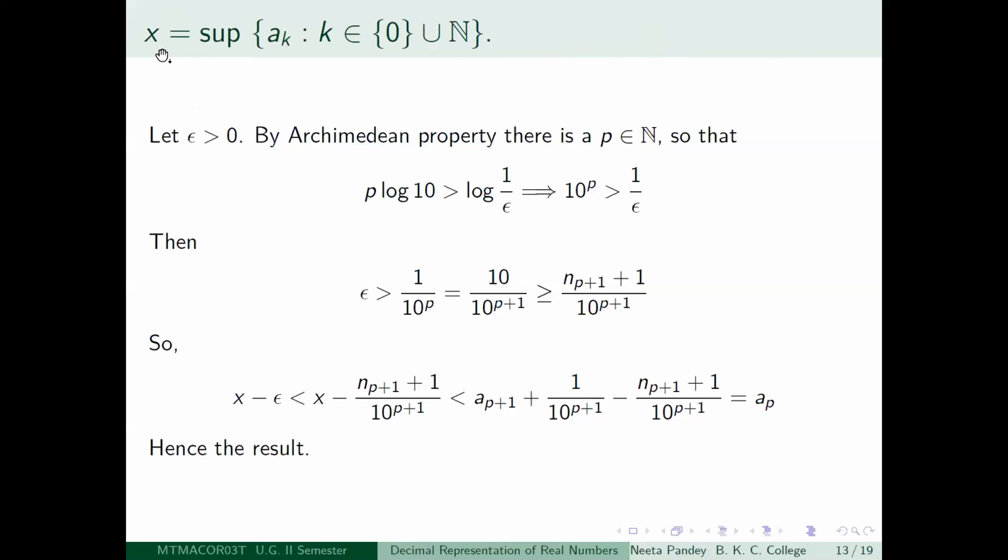That is, you want to find x corresponding to that point. So you choose n0 to be the integral part of x and n1 to be the first digit after the decimal point for that particular real number. Again, look at the point. It should lie between some n2 by 10 squared and n2 plus 1 divided by 10 squared. So that n2, which you find from the line, should be giving you the second place after the decimal for the corresponding real number.